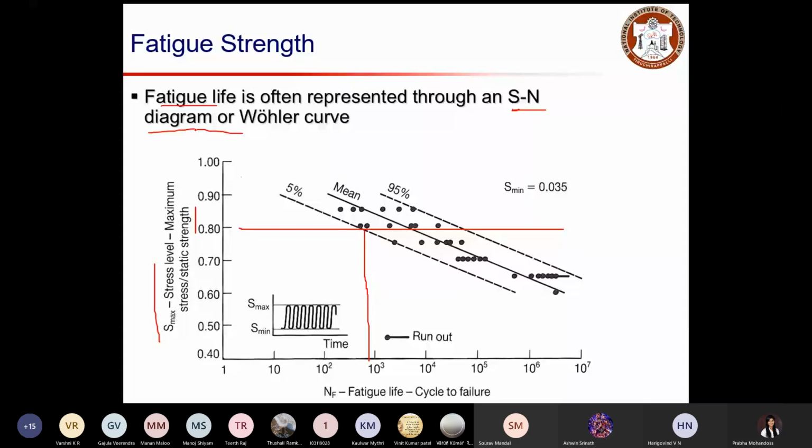The fatigue strength is the highest stress that the material can withstand for a particular number of cycles without breaking. If your number of cycles is 10 to the power of 5 and you are designing your member for 0.8, then this will be your fatigue life. If the stress increases beyond this, or the number of cycles increases, your member may fail.